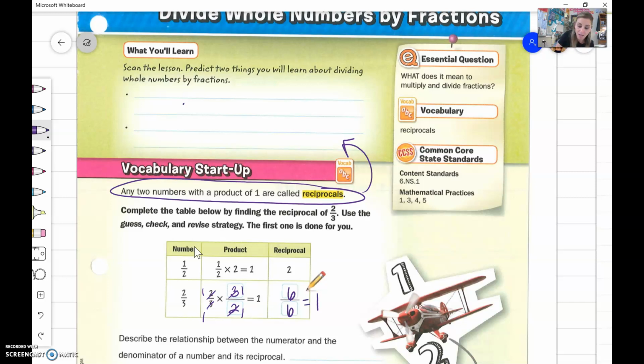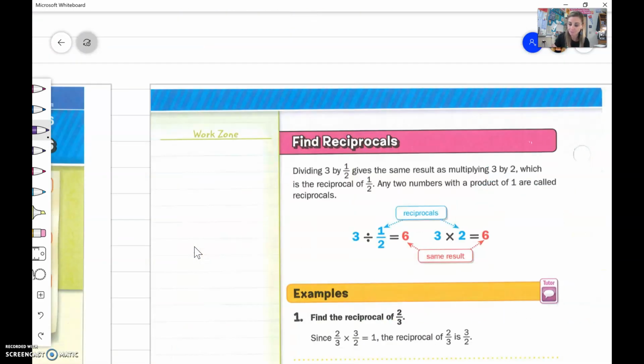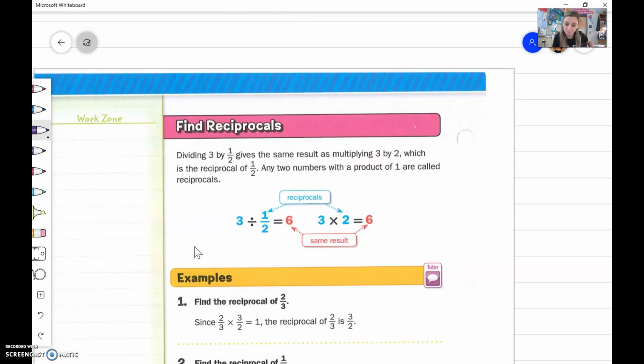If I said find the reciprocal of 2/3, all you're going to do is flip your numbers to get 3/2. That is the reciprocal of 2/3. If I said what is the reciprocal of 5/6, we're going to flip it and make it 6/5. Okay, so keyword: reciprocal.